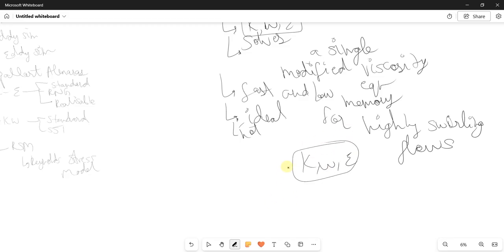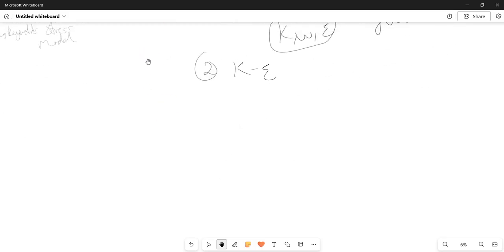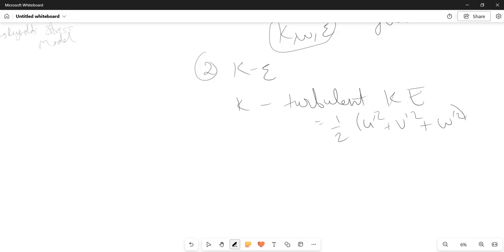Now the second one is K epsilon. This is the standard K epsilon that I'm talking about first. So what is K? K is the turbulent kinetic energy, which equals half times u dash square plus v dash square plus w dash square.